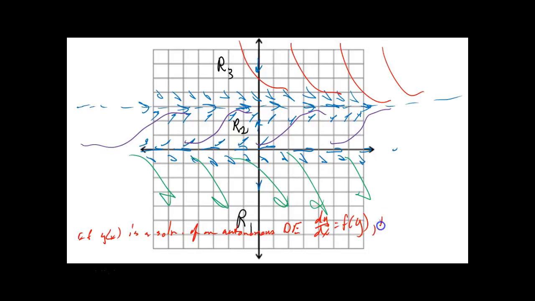Then y1 of x is equal to y of x minus k, where k is a constant. K is a constant. Then that's also a solution.